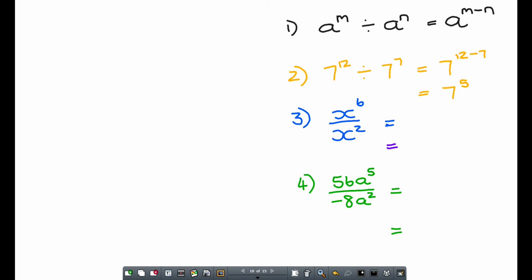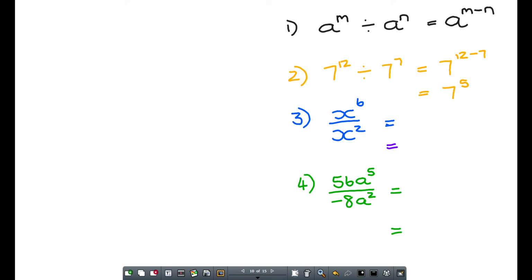Right, now this blue one is what I was talking about with top minus bottom. So what's actually written here, and don't write it down, I'm just going to quickly show it to you guys. X to the power of 6 over x to the power of 2 is actually the same as x to the power of 6 divided by x to the power of 2. So it's just a different way of writing it. Okay, now, when we get this, are my bases the same? Yes, and we are dividing.